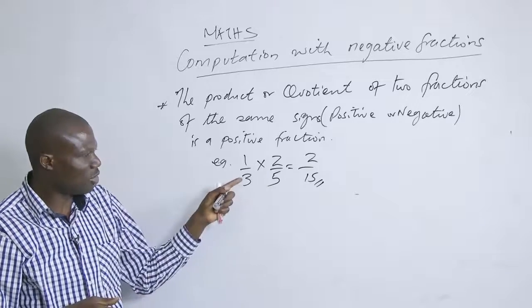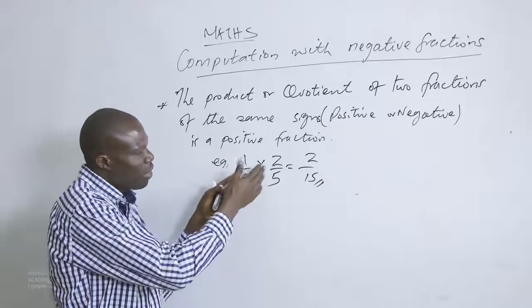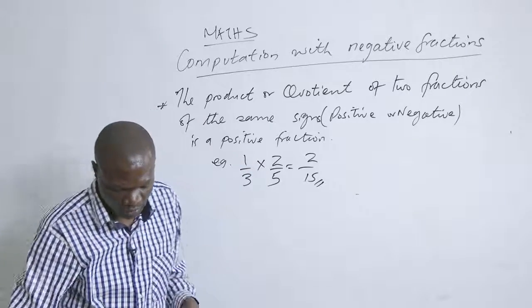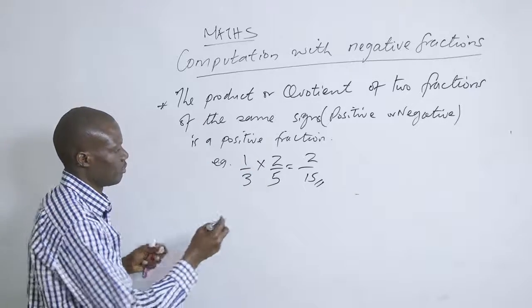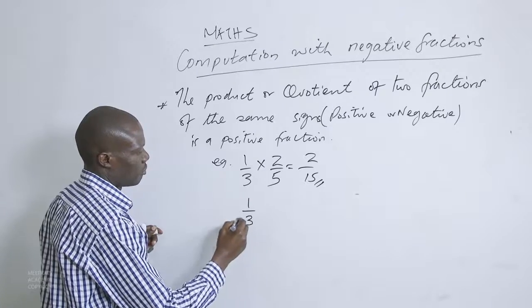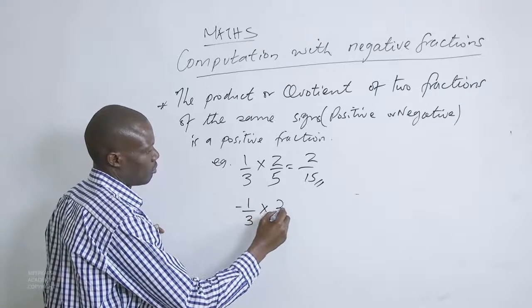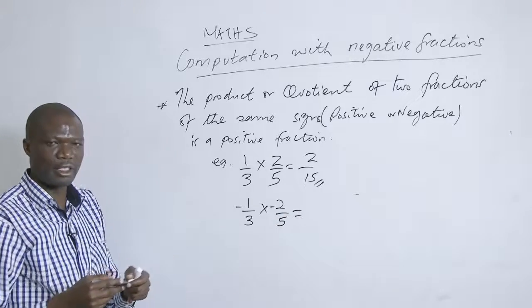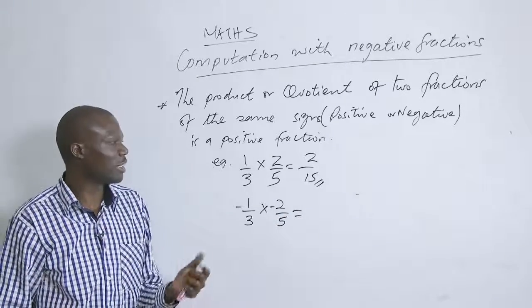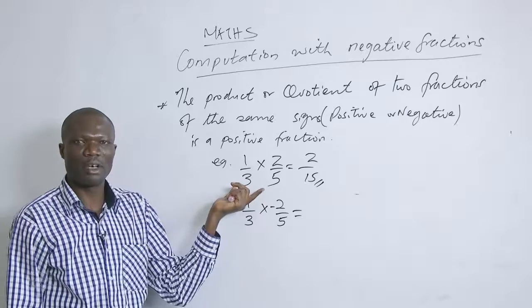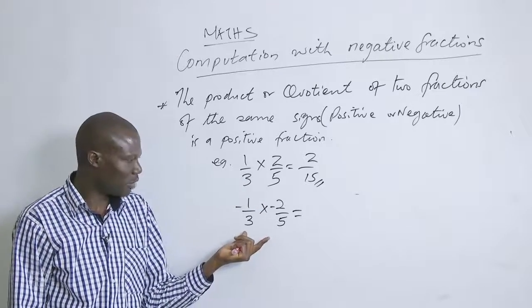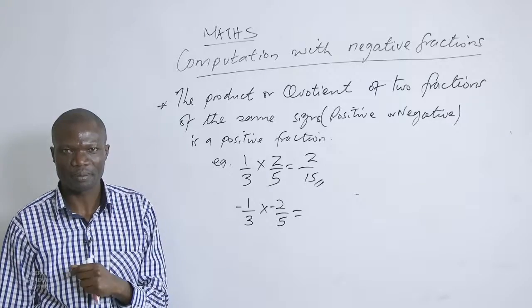positive. Let us look at the product, but this time when the fractions are both negative. Now, here is a situation. You will be surprised that the results of the above fractions and the results of the product of the fractions next here are the same.